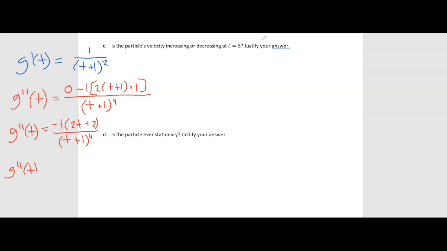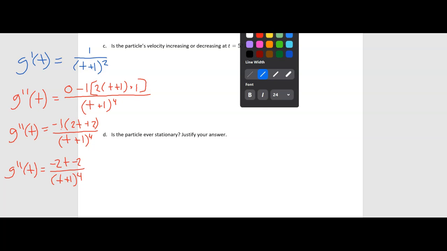And then I get g double prime of t is equal to negative 2t minus 2 all over the quantity t plus 1 to the 4th power. And now I need to figure out, is the second derivative positive or negative when t is equal to 5? So I just need to substitute in 5 for t.